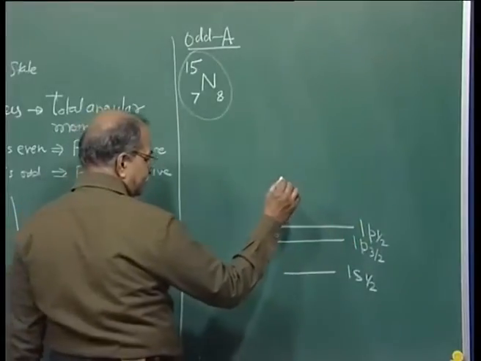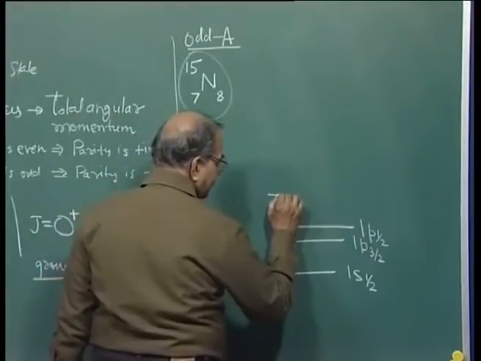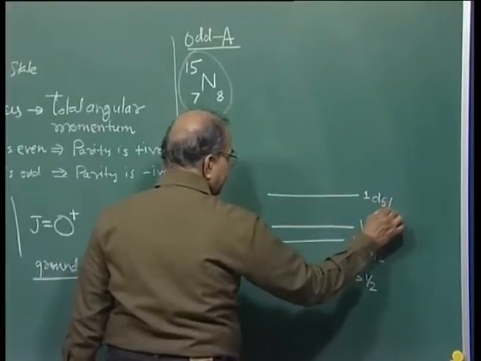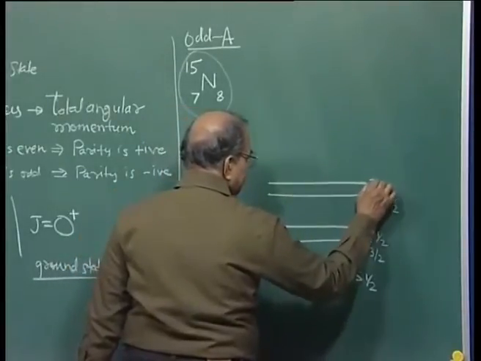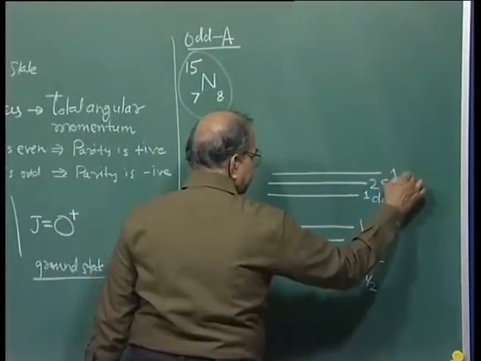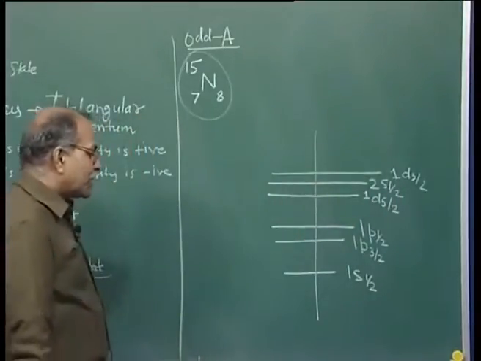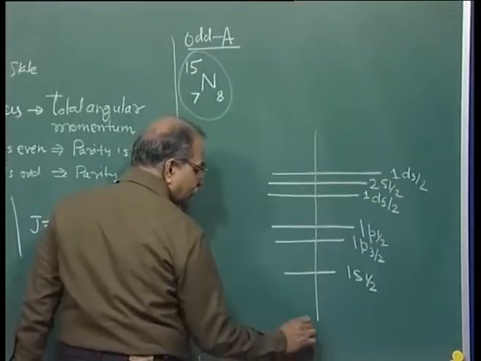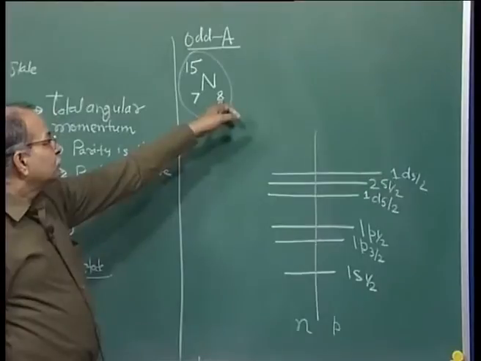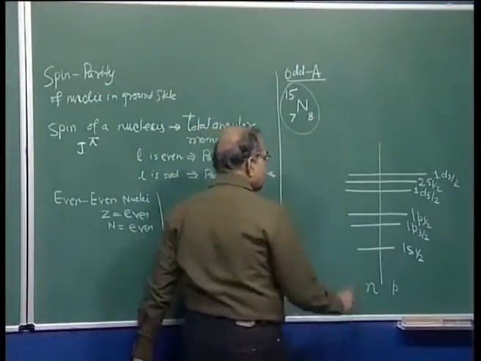Next one, 1d 5/2. Next, 2s 1/2. Next, 1d 3/2. All right, this is enough. 2 parts I have drawn, one for proton, one for neutron. So, 8 protons, 8 neutrons here. These 8 neutrons will go here.